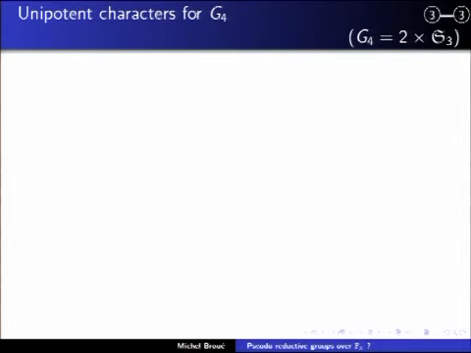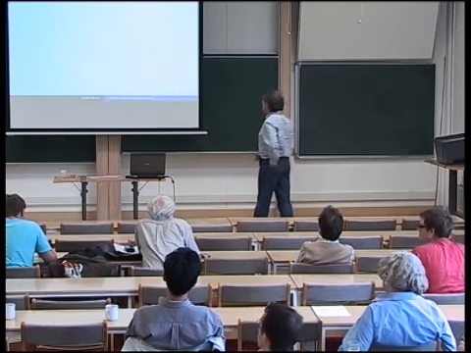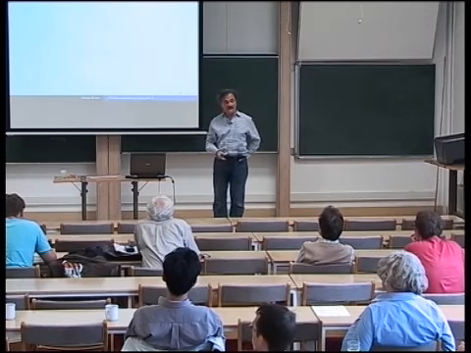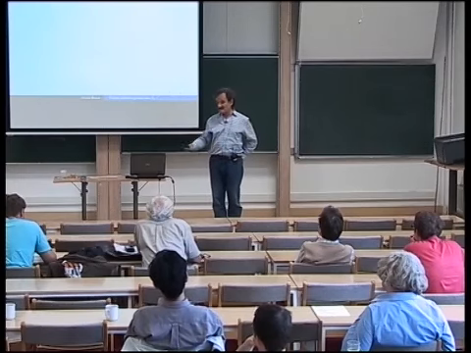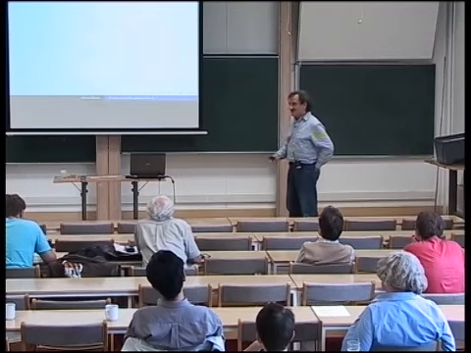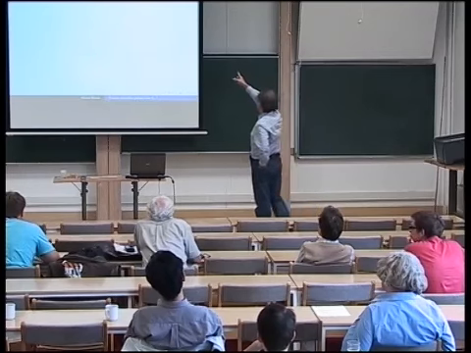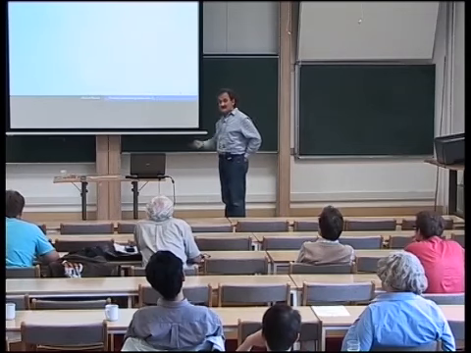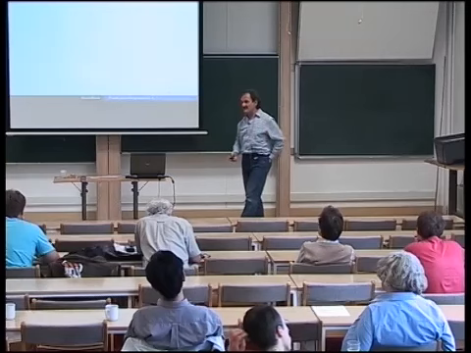And this strange explanation in brackets, G4 is 2 times S3, means essentially that all the invariants of G4 are twice the invariants of S3: the invariant degrees, the codegrees, the order of the center, etc. So if you know this, you know that the order of G4 is 4 times the order of S3, so you have enough information about G4.